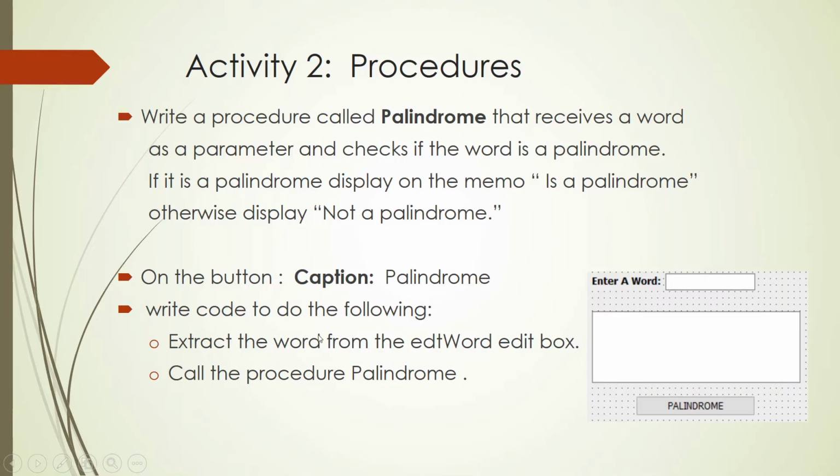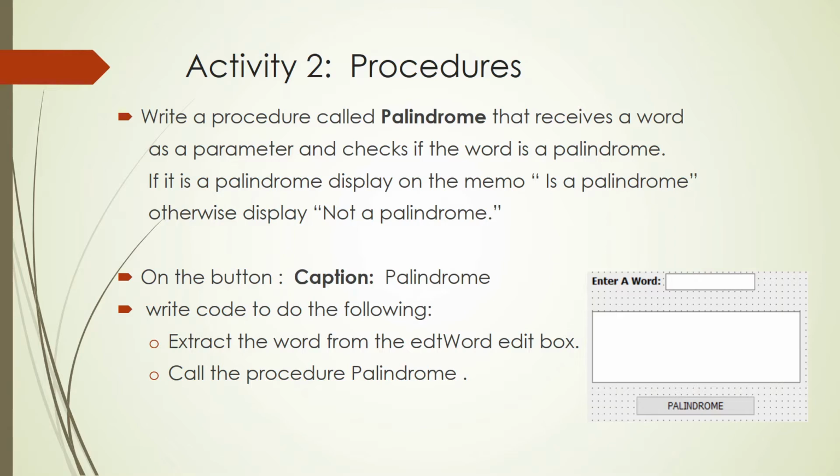Write code to do the following: extract the word from the edit box, and then call the procedure on the palindrome button. So firstly, you're going to enter a word using the edit box. I've created a memo for you to do the display.